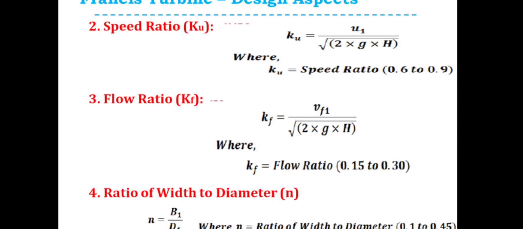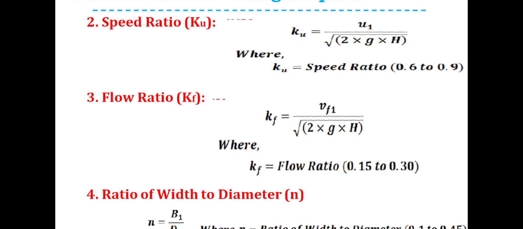Next, speed ratio Ku is equal to peripheral velocity at inlet divided by root 2gH, U1 by root 2gH, where Ku is the speed ratio. It ranges from 0.6 to 0.9. Usually these values will be given in the numerical problem in the exam.